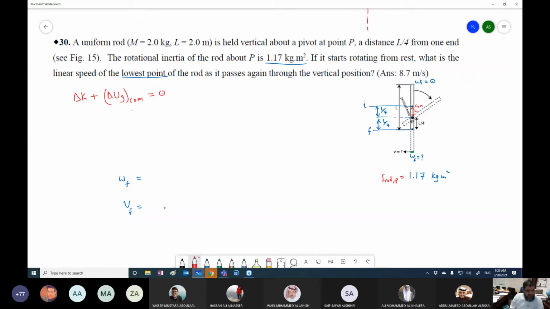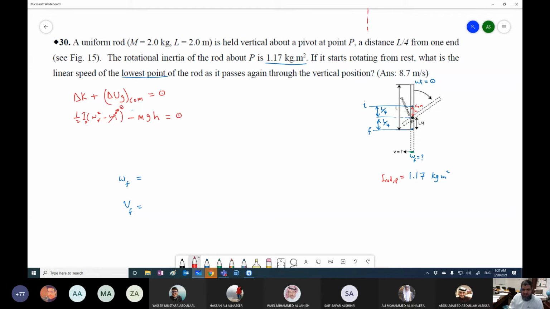What is delta K يا شباب؟ ساعدوني بسرعة كده. 1/2 I omega final square minus omega initial which is 0. omega initial was 0. اوكي. دلتا يو جي هنقول minus ام جي اتش. هنا الحديث فقط هيكون على السنتر اوف ماس equal 0. طبعا ال I is not about the center, I about the pivot point P which is given 1.17 kg meter square. لكن عايزين نعرف how far did the center of mass travel.